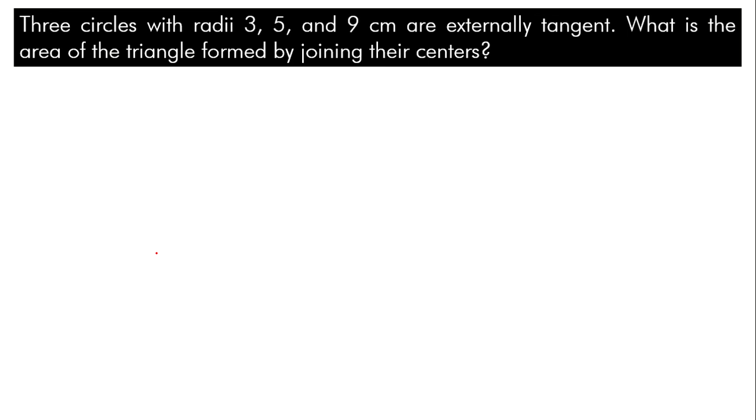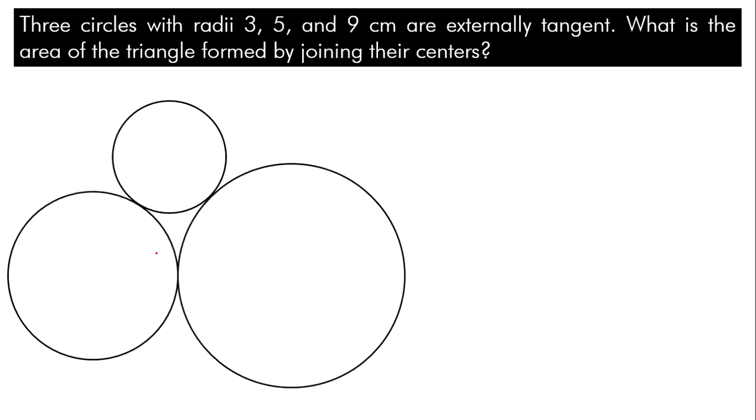Okay, let's have another problem. Three circles with the radii 3, 5, and 9 are externally tangent. What is the area of the triangle formed by joining their centers? So first off, let's try to illustrate this. Given that we have three circles here that are externally tangent with a radius of 3, 5, 9.